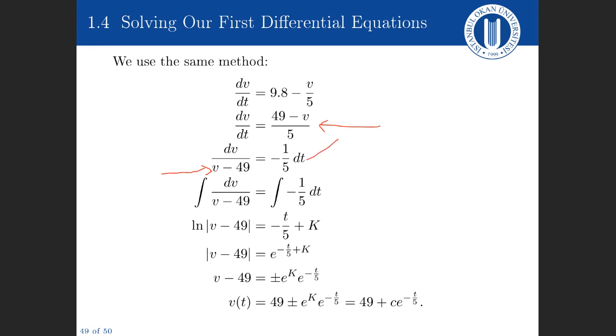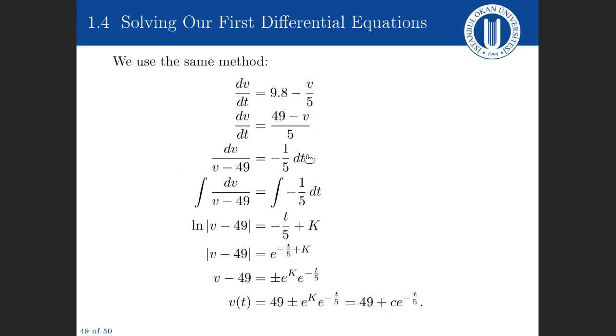I'm moving the dt up to the right-hand side, and I'm going to leave a minus sign just here. Why am I leaving a minus sign just here? It's because when I integrate, I want to have a 1v just here. It just makes this integral a little bit easier than if we had a minus v.